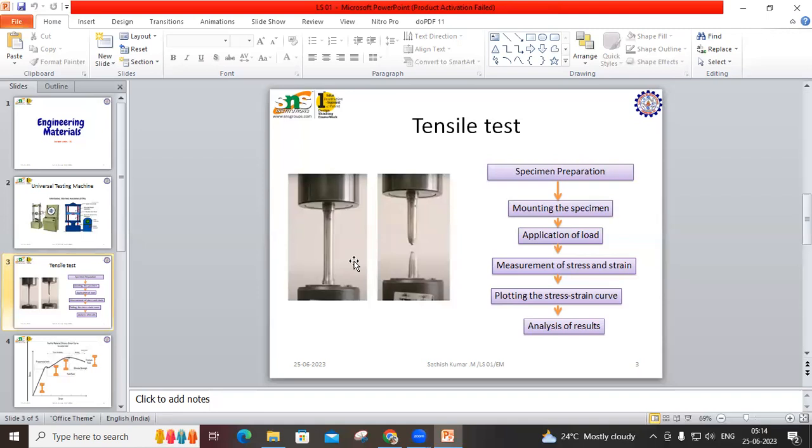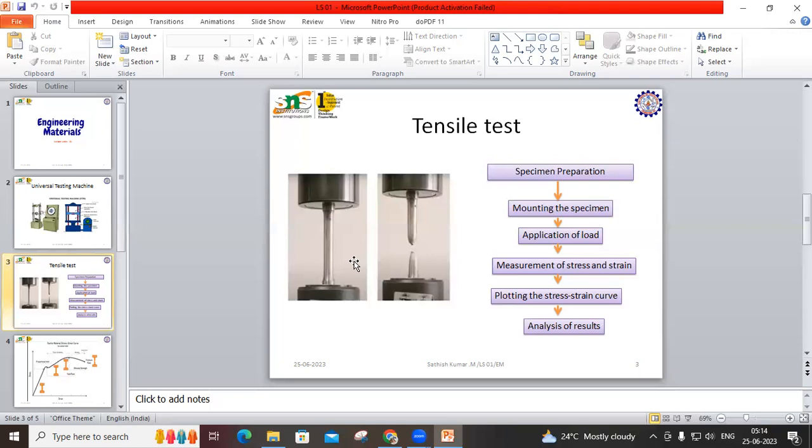Then we plot the stress strain curve for the material. The stress strain data obtained during the test are plotted in a graph. The curve provides valuable information about the material's mechanical properties, including its elastic behavior, yield strength, ultimate tensile strength, ductility, and fracture points.